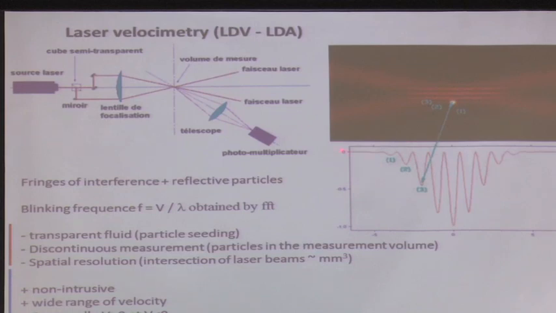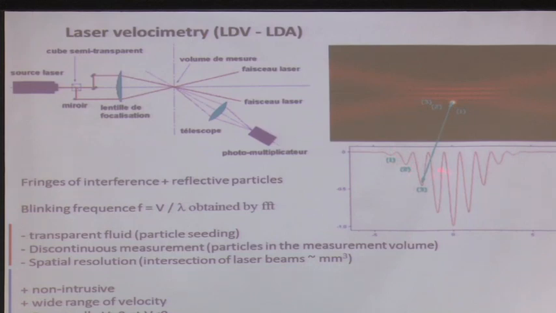So actually the signal that you get when the particle reflecting the light is passing through the measurement volume is like this. There are oscillations, because the intensity of light is not constant. So it will oscillate like this.